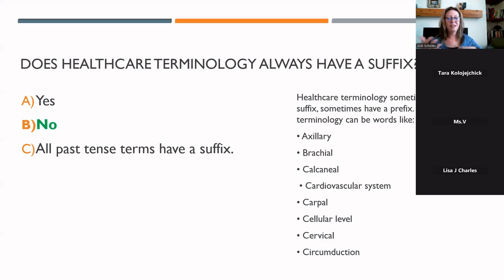Like we talked about the axillary region. We talk about that in navigating the body, when we talk about regions of the body. Brachial, we talk about during our respiratory lesson. Calcaneal has to do with our anatomy lesson. So these are still healthcare terminology. Today we focused a little more on medical terminology.